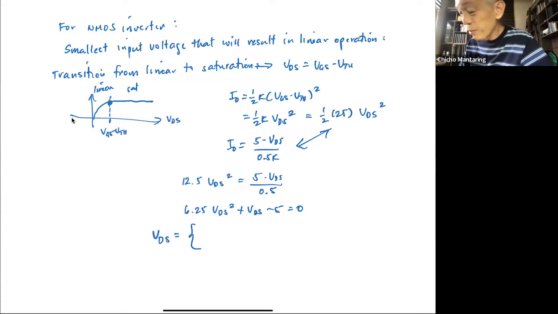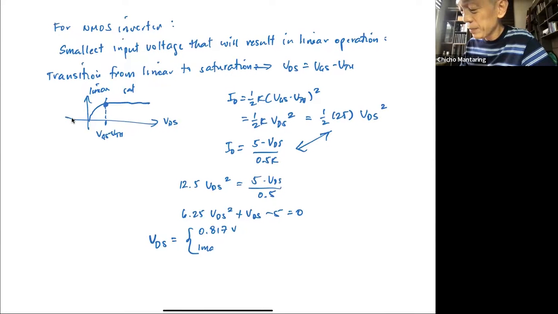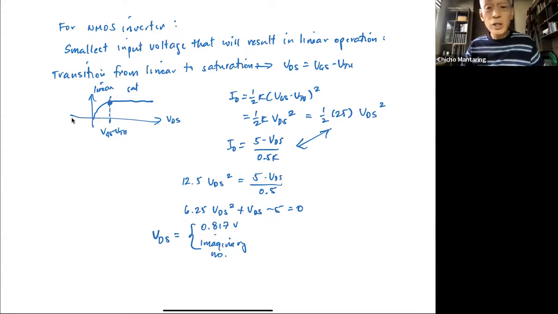Okay, so my first value is 0.817 volts. And my second value is an imaginary number. Of course, you cannot have an imaginary number solution, so this must be valid. Okay? So ito yung sagot natin.